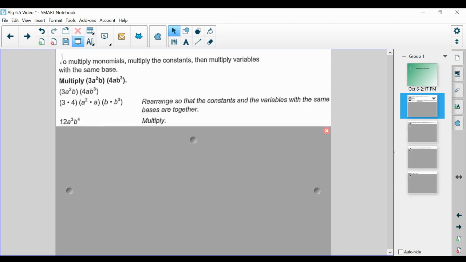Now we can simplify. Well, 3 times 4 is 12. A to the second times a to the first, that's a to the third, or a cubed. And b times b cubed is b to the fourth. All we did there is just understand that everything is getting multiplied together, so we can rearrange the way that we like it to help us simplify it. Great job.